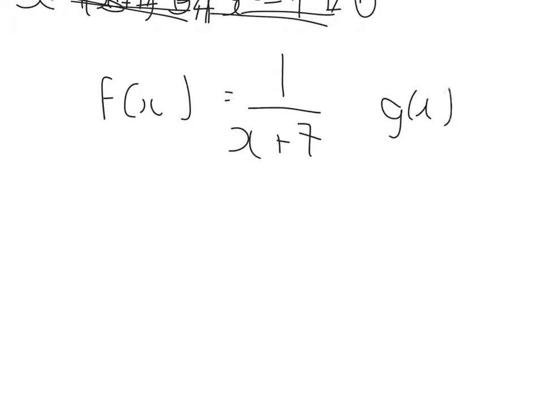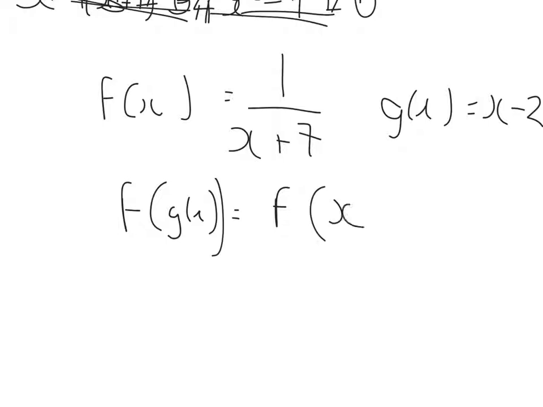Example 2, f of x is equal to 1 over x plus 7. G of x is equal to x minus 2. Find f of g of x. Well, that will be f of x minus 2.